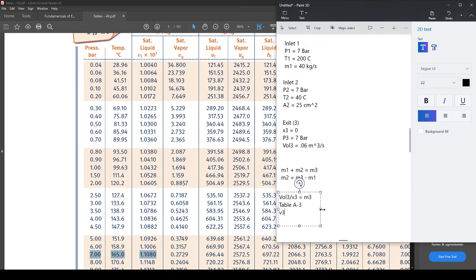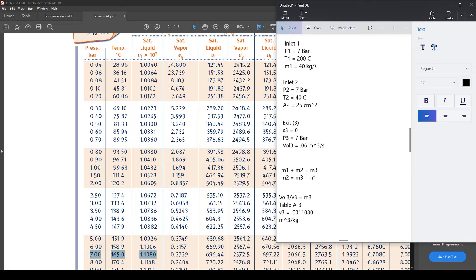And you find V3 is equal to 0.001108, right? And this is meters cubed per kilogram, right? So this is what we have right here.